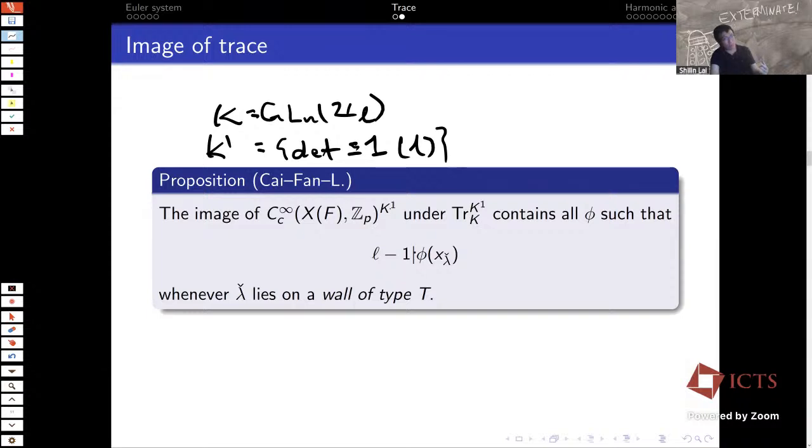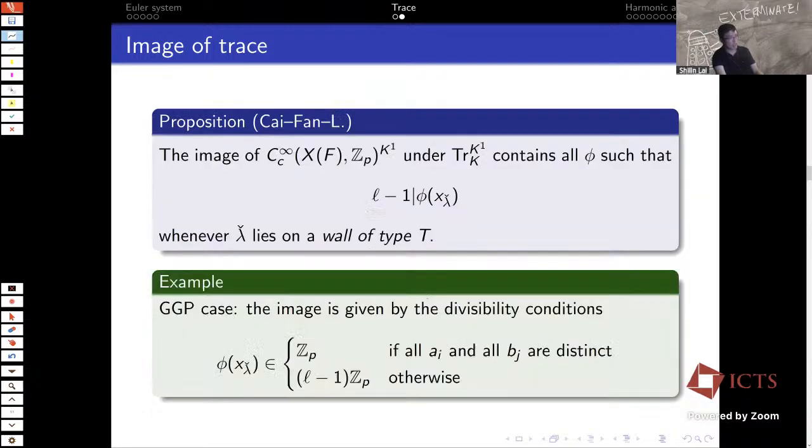We can easily prove, I suspect this is an if and only if, but we don't need that part. All we need is that it at least contains all functions satisfying this divisibility condition: at one of those representatives x_lambda, the value has to be divisible by L minus 1, assuming a certain combinatorial condition that it lies on a wall of type T.